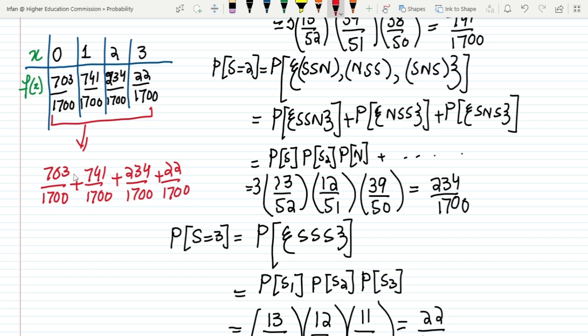So what will it be? This would be 1700, and 703 plus 741 is 1444.